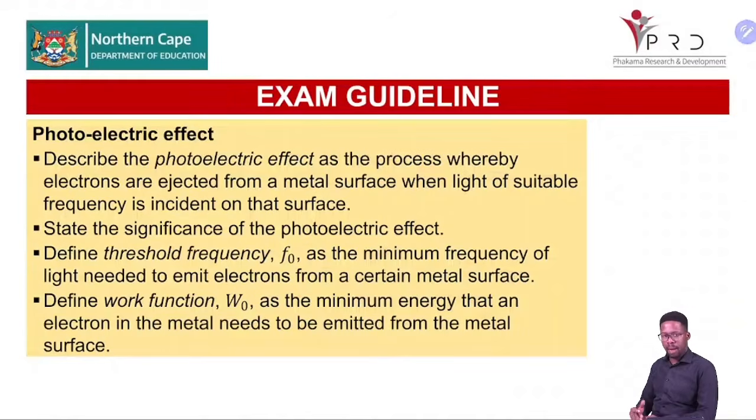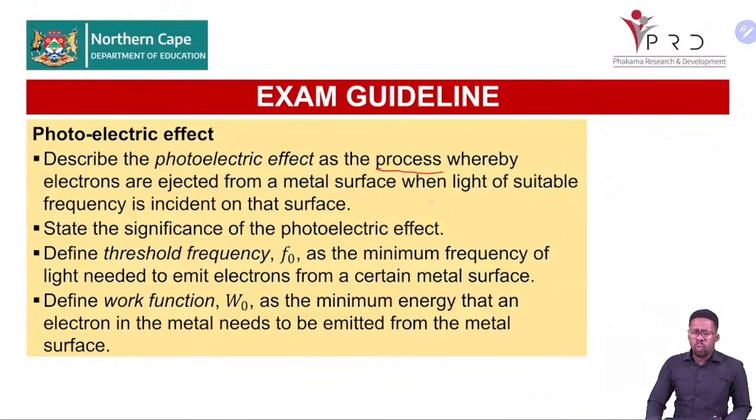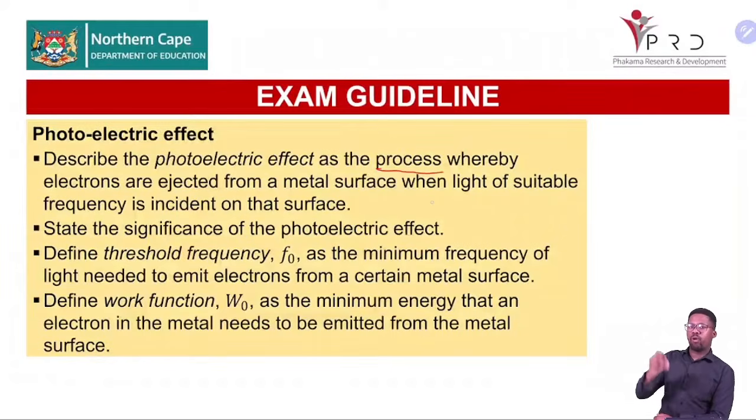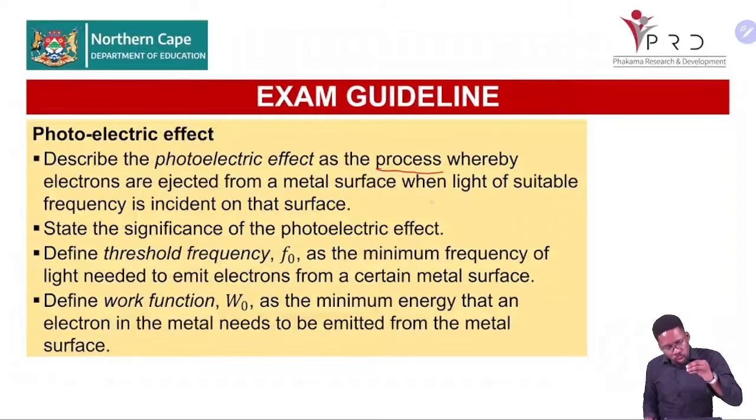Photoelectric effect. Number 1, you should be in a position to define or to describe photoelectric effect as what? As the process whereby electrons are ejected. Where are they removed?